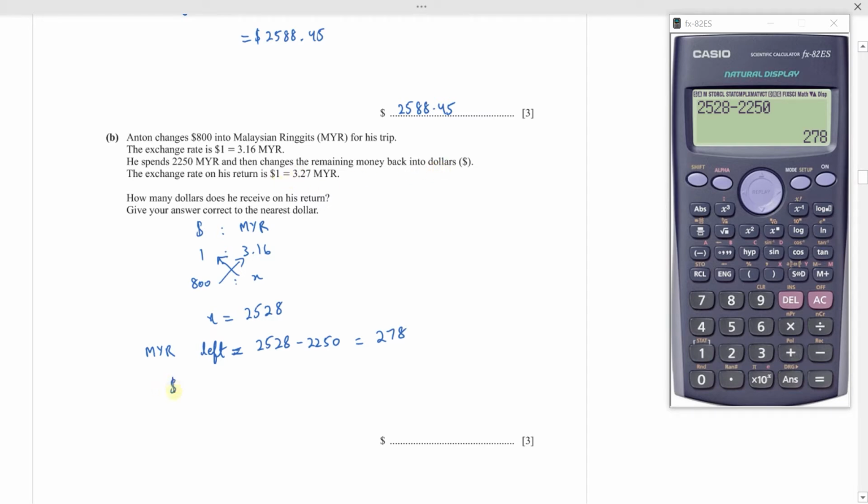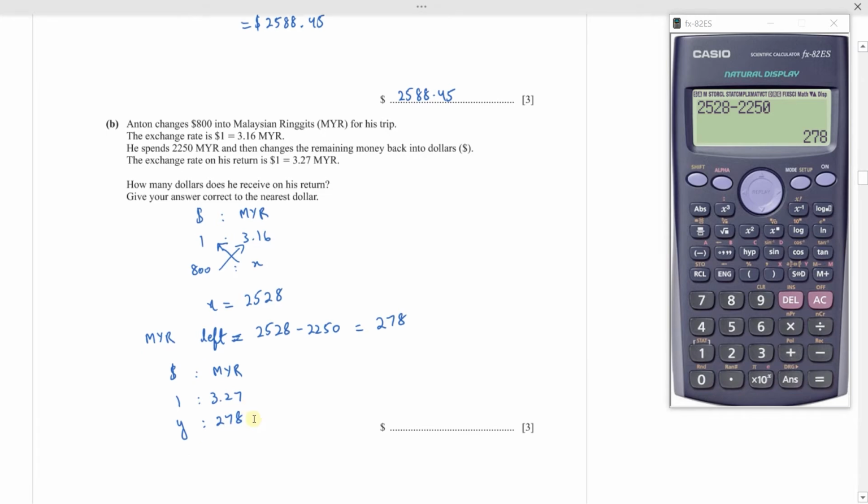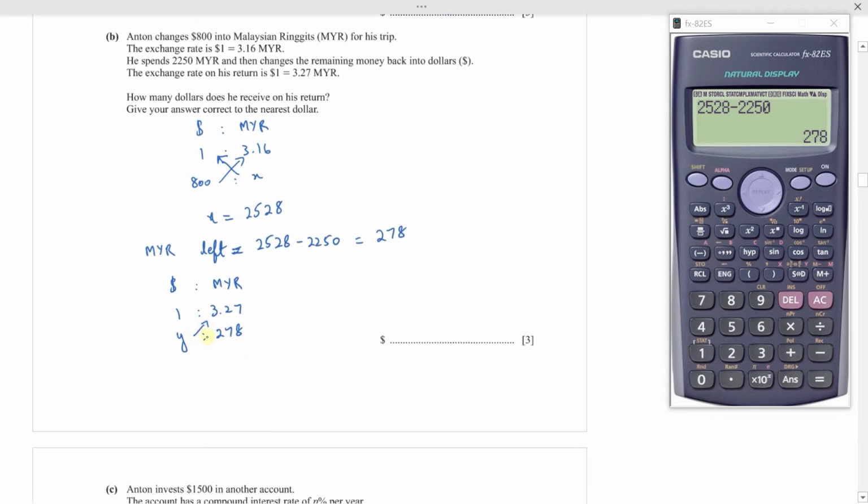So again, we have dollars ratio MYR 1 ratio 3.27, and then you have to find the dollars. Let's call them Y, and he changes this remaining amount 278 back to dollars. So again, I will cross multiply like this. So I have 3.27Y equals 278.